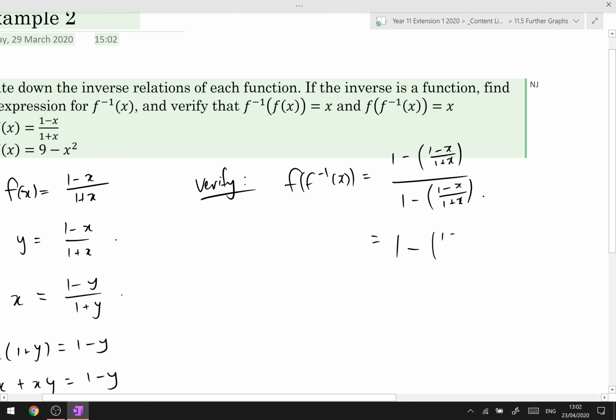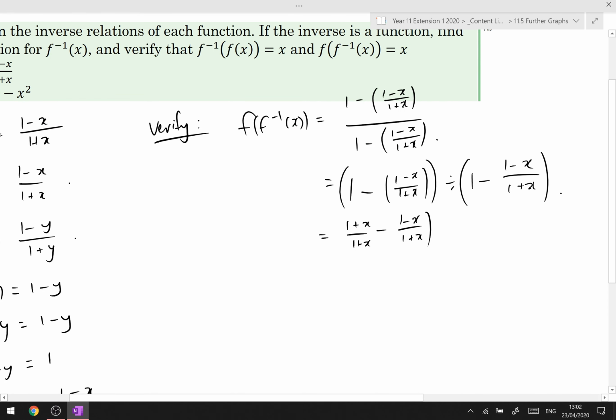Now I'm going to rewrite these with both over 1 plus x, so it becomes 1 plus x over 1 plus x minus 1 minus x over 1 plus x, divided by, and the same again, 1 is the same as 1 plus x over 1 plus x minus 1 minus x over 1 plus x.